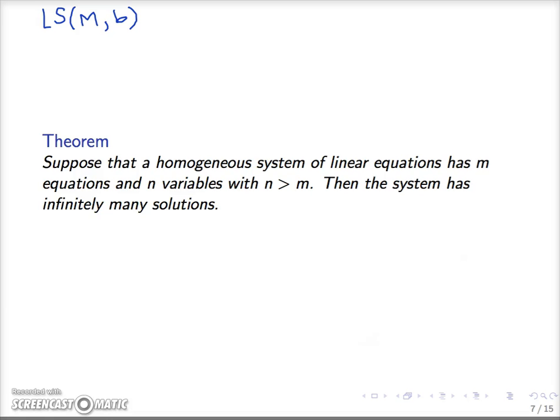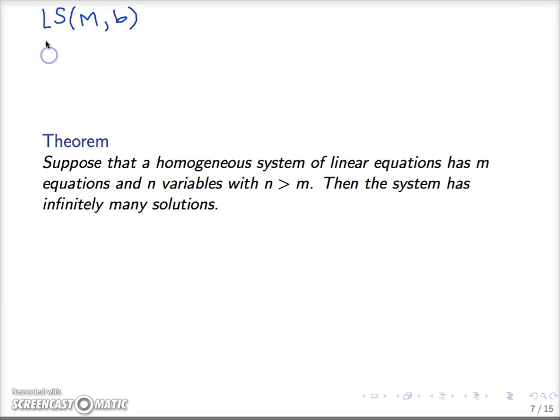So we're working with linear systems that have the vector of constants. Remember the notation LS for linear systems, and in parentheses we have two arguments, the first of which is the matrix of coefficients. I'm using the letter M here for the matrix of coefficients, and B is the vector of constants.